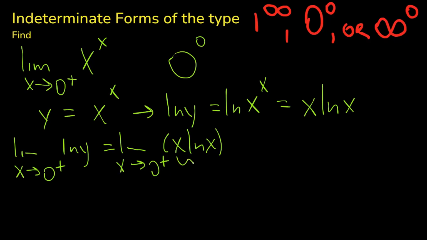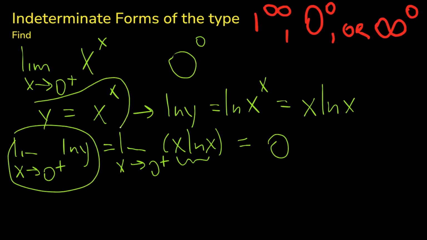And we actually already did this in a previous example. Now, this would be of the type 0 times infinity, and then we could rewrite this as natural log x over 1 over x, and then apply L'Hopital's rule there. But we know that this is going to end up being 0. Now, we can't stop there, because remember that we have the limit of natural log y is equal to 0, and we said that y was equal to x to the x.